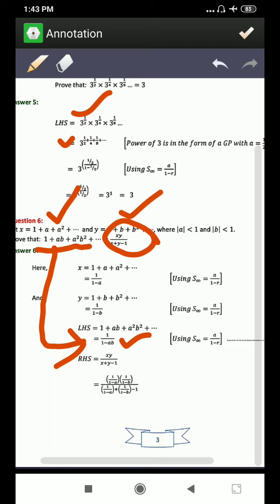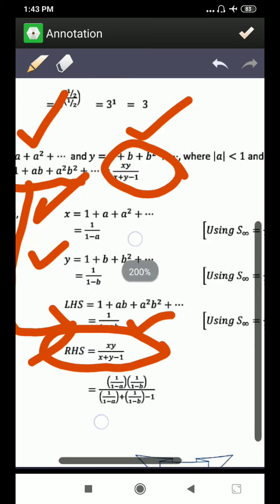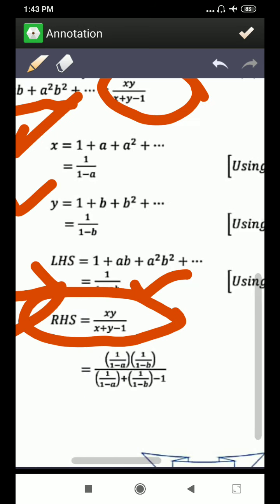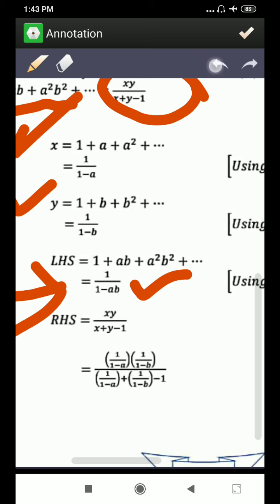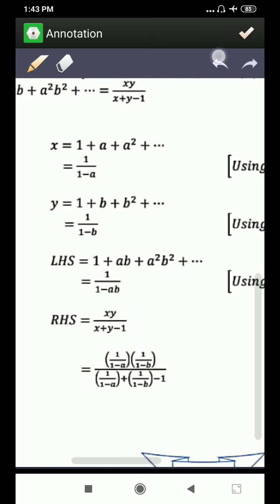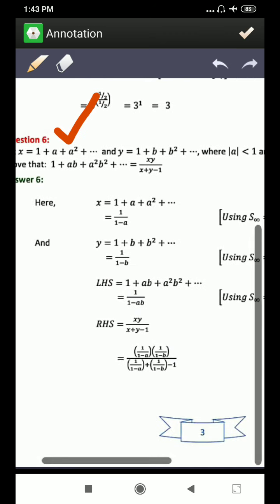Now you calculate right hand side also. How will you calculate right hand side? We already have the value of x, we already have the value of y. So in right hand side it is xy upon x plus y minus 1. You put x equal to 1 upon 1 minus a, y equal to 1 upon 1 minus b in both numerator and denominator. After that only calculation is left, so I am again explaining it.